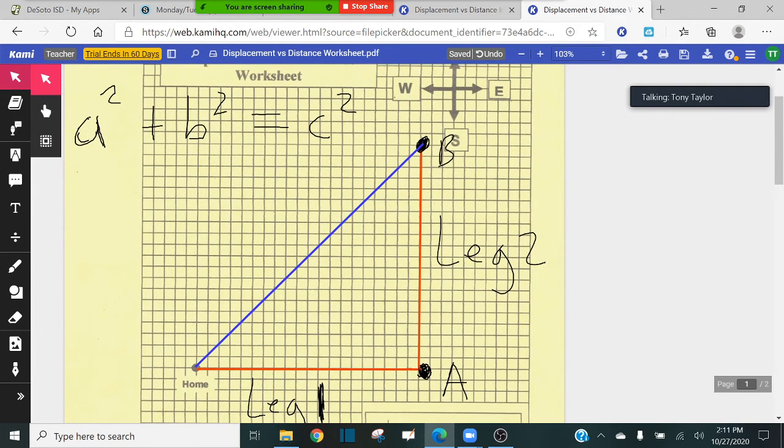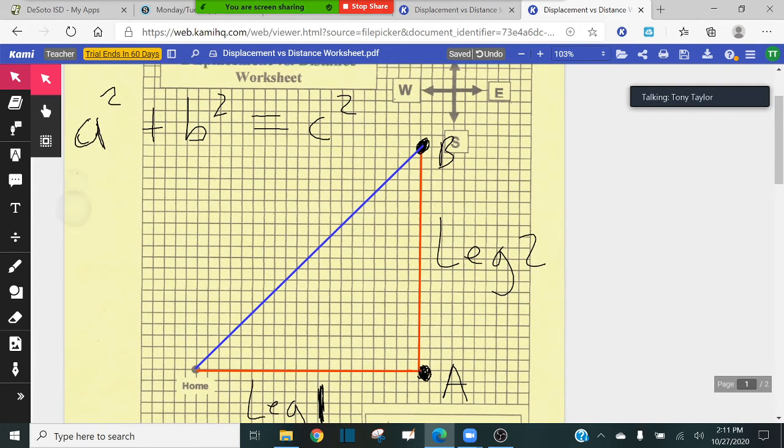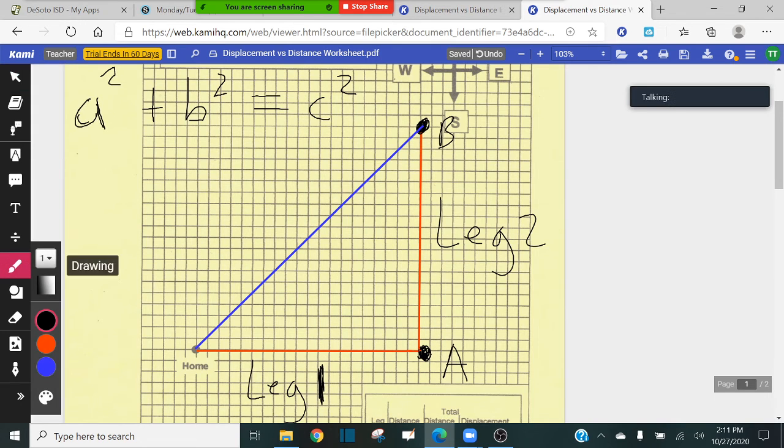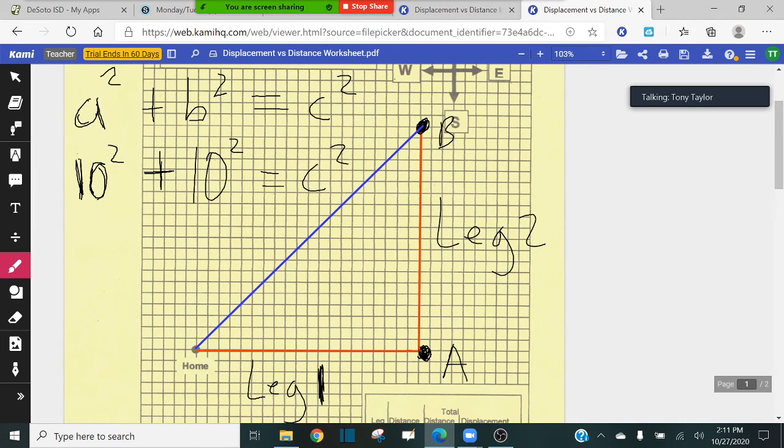So leg 1 is 10 centimeters, so I'm going to plug in 10 there. Leg 2 is also 10 centimeters, and I want to plug in 10 centimeters there. And of course, we're looking for our hypotenuse, which is C, so I'm going to leave that as it is.